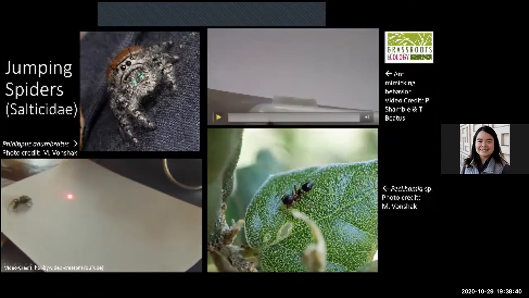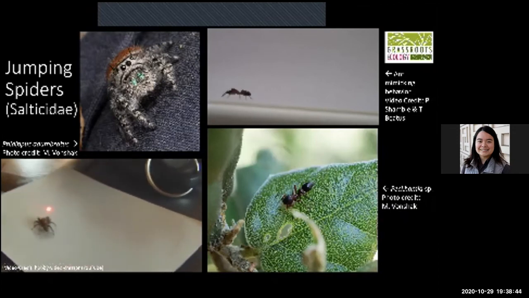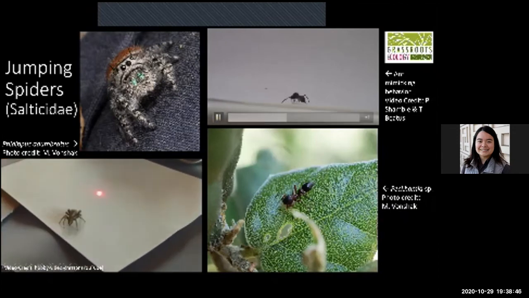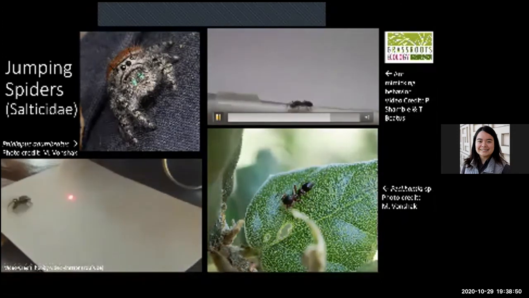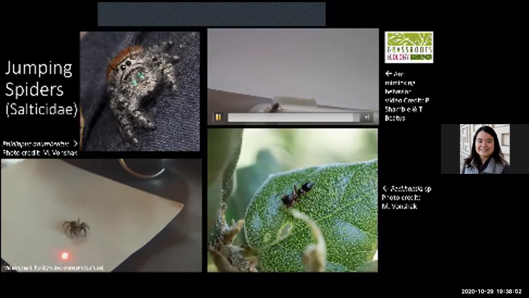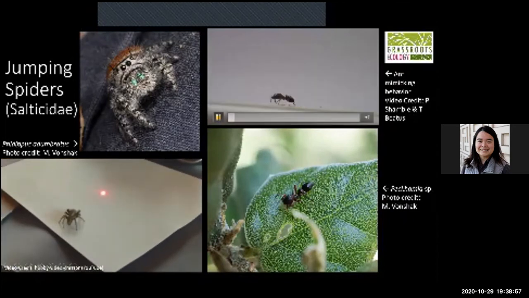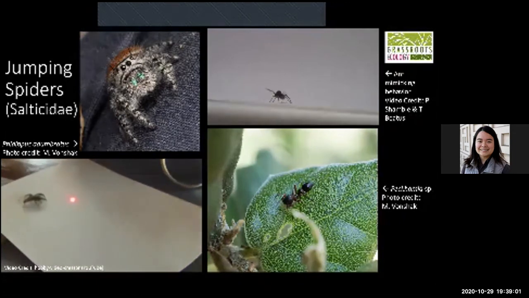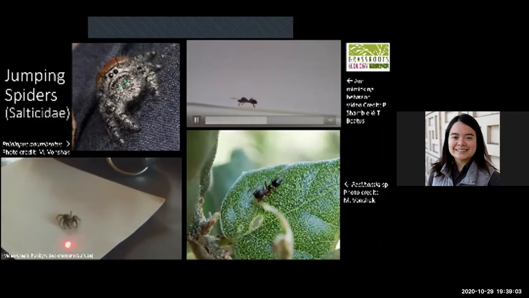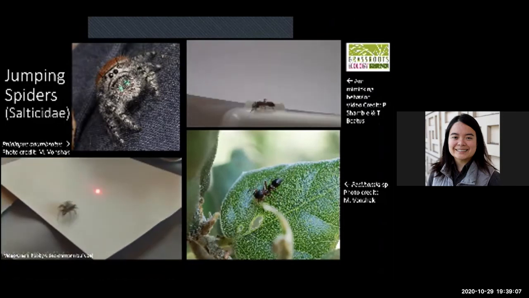And I have a little clip of it trying to even act like an ant as well. So this spider has 8 legs, but ants only have 6. So what it does is it pretends that its first legs are antennae. It will actually try to mimic the ant and pretend that its first legs are antennae and tap the ground just like an ant would. And it would try to mimic how an ant would walk as well.